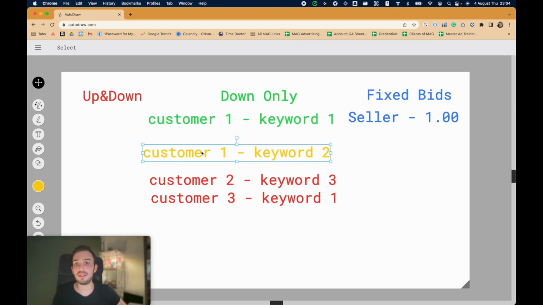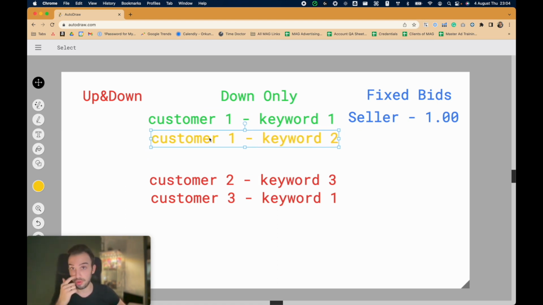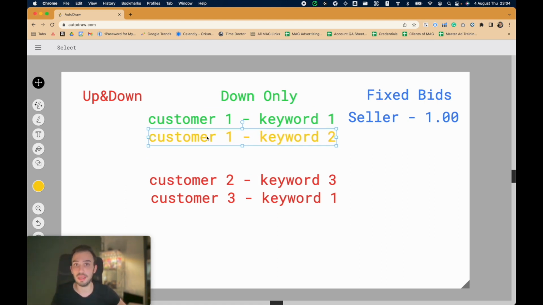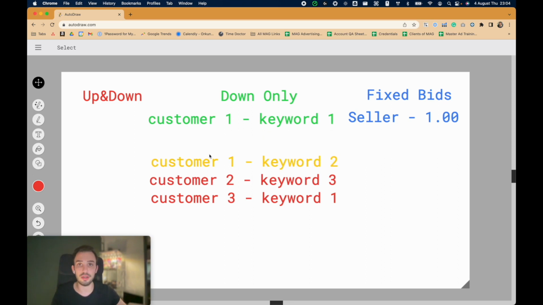If the algorithm is not super sure if you're going to convert or not, then you might be shown or not. If it's going to be red, you probably won't be shown, just because Amazon knows that you won't be converting on this one, and it will not even put you in the auction.